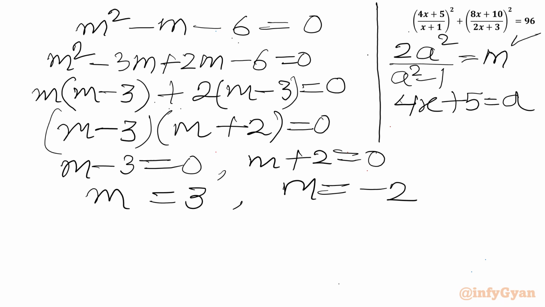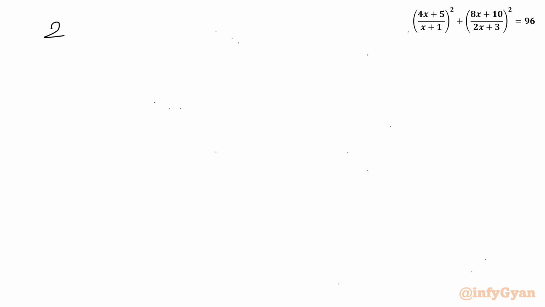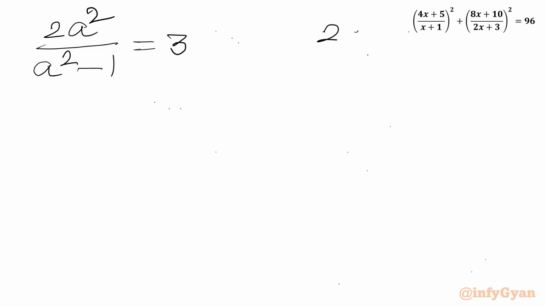Now m was our substitution. So I need to put m equal to 2a square over a square minus 1. So I will write 2a square over a square minus 1 equal to 3, and here also 2a square over a square minus 1 equal to minus 2. Now we will cross multiply.